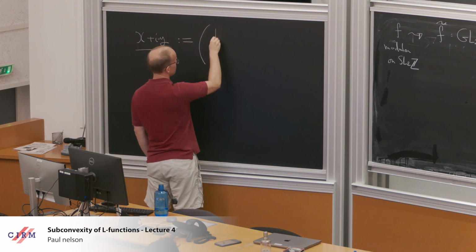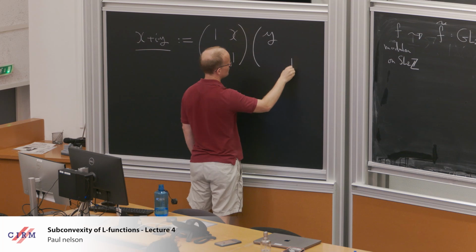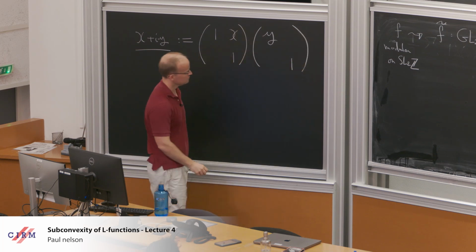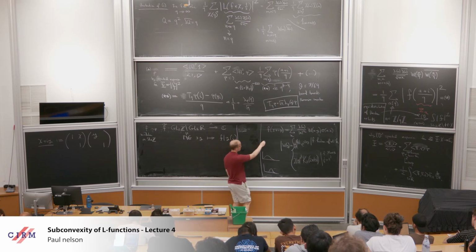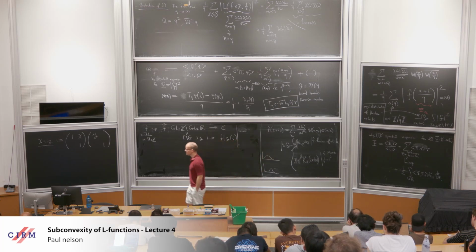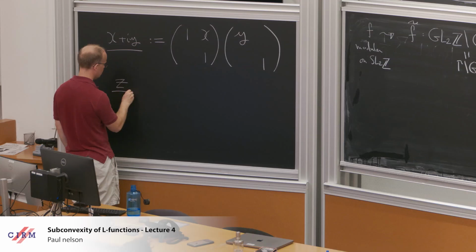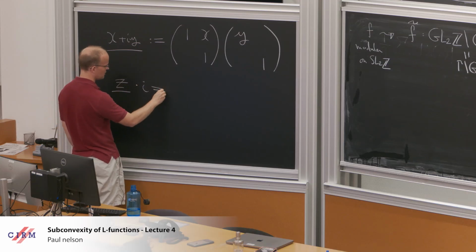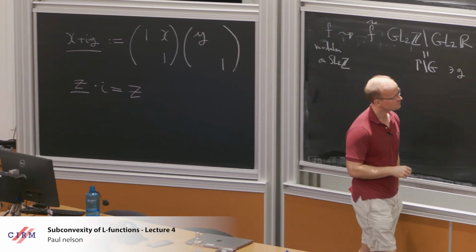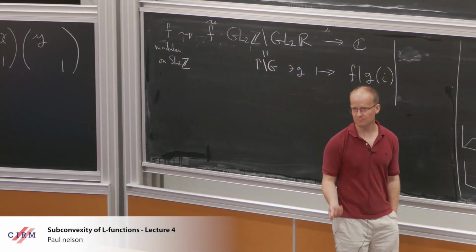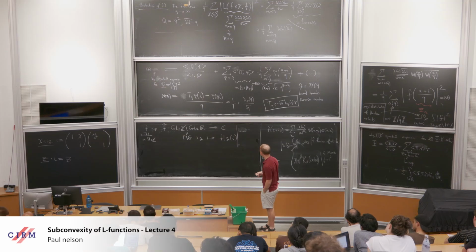So then, I guess this matrix has the nice property that when you act on I by it, so let's say you take underline Z and you act on I, you just get back Z. So it's kind of the lift from the upper half plane to the Borel subgroup, upper triangular of GL2.